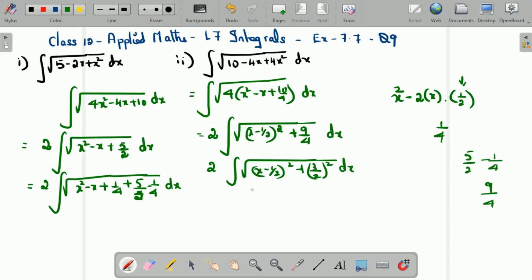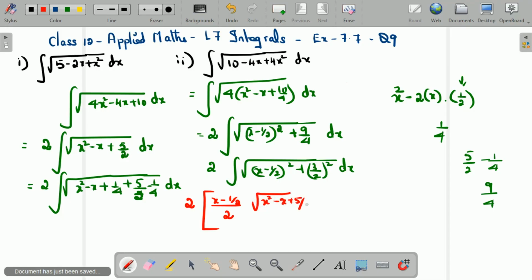Now this is of the form root of x squared plus a squared. So let's substitute in the formula. So x by 2, remember there is a 2 outside, so x is x minus 1 by 2, by 2 root of x squared plus a squared, which on original simplification is going to be equal to x squared minus x plus 5 by 2.